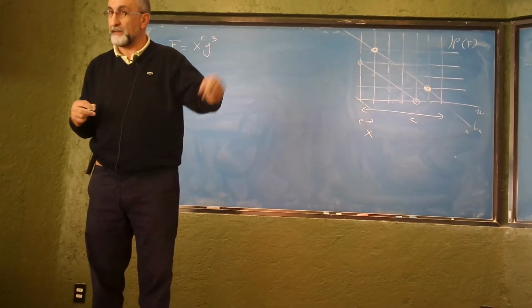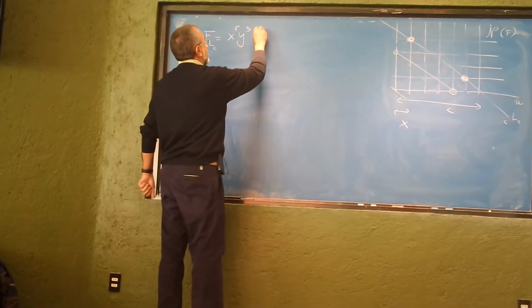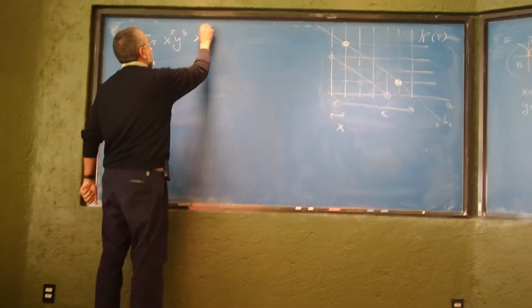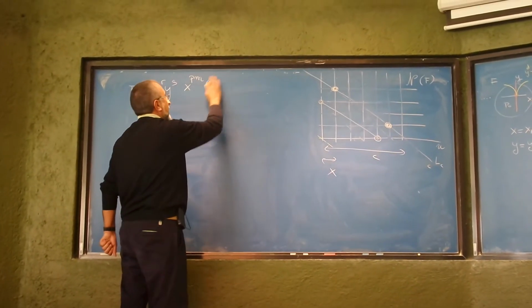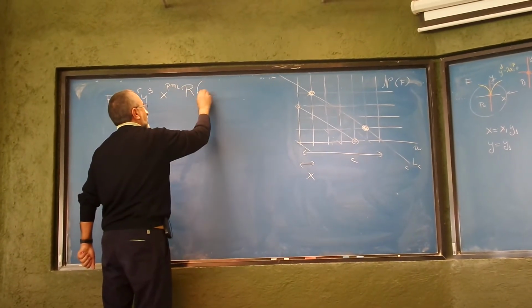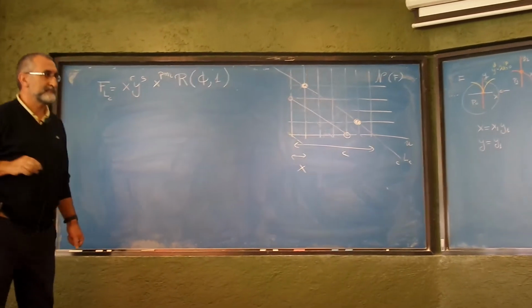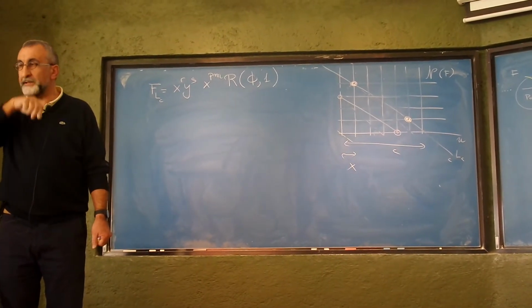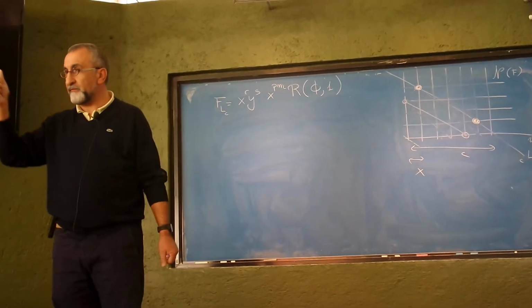Well, and what we have is that here we have x^p times n, r of y over x, 1. And R is a polynomial of degree n in one variable.